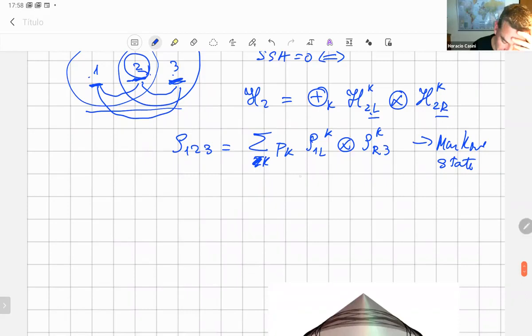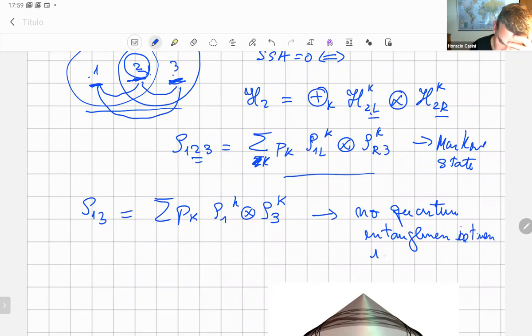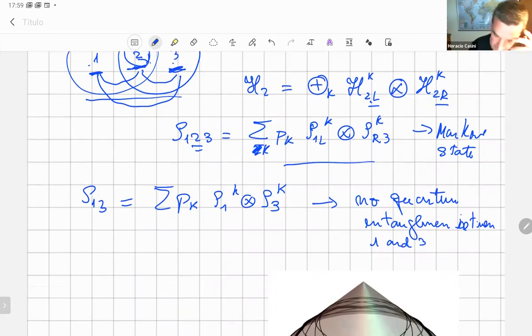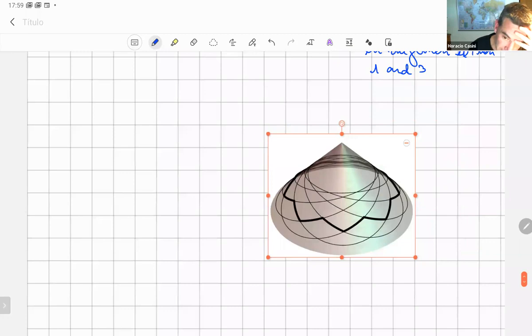Okay. Once we accept this structure, if you trace over the region 2, you get the density matrix in 1, 3 is just a sum over k of rho_1k times rho_k3. And so there is no quantum entanglement between 1 and 3.